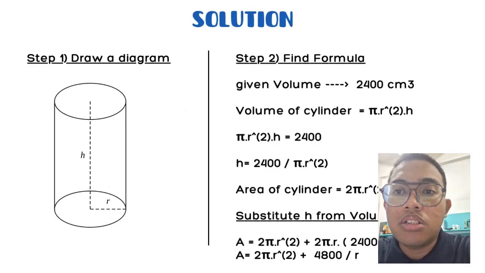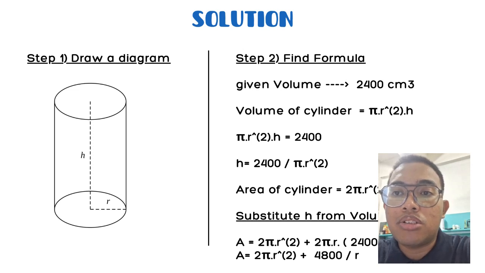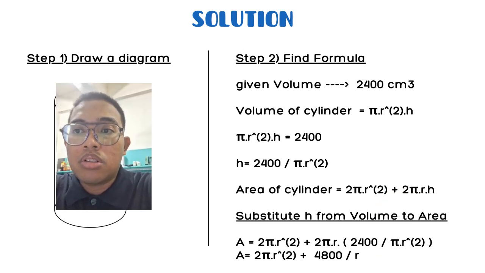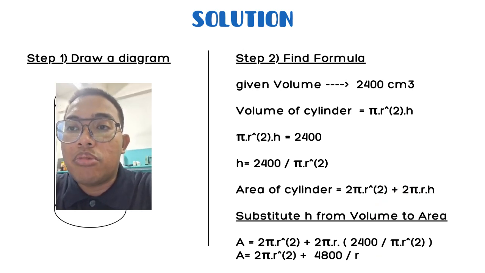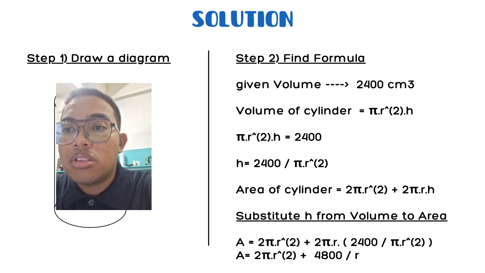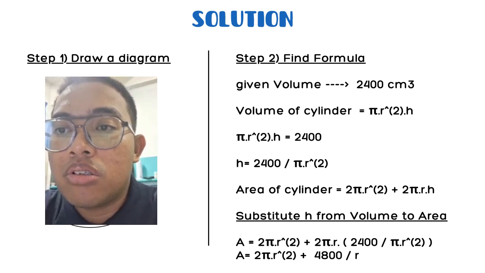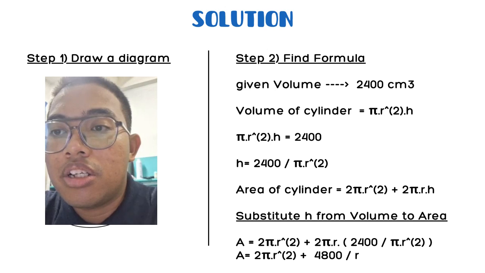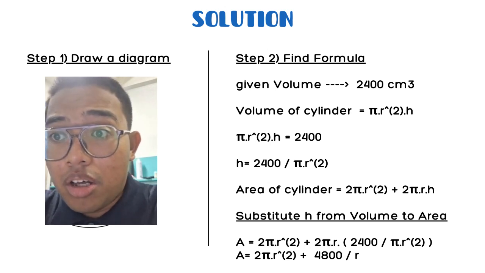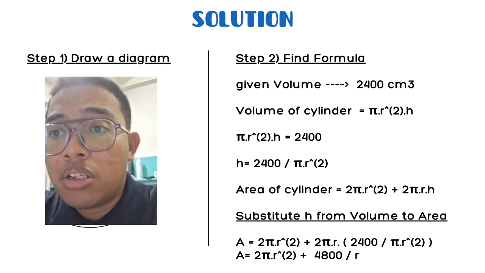For the solution, step 1, we must draw a diagram. Step 2, we will find a formula. The given volume is 2,400 cm3. The volume of a cylinder is pi r squared h, so h is equal to 2,400 divided by pi r squared.